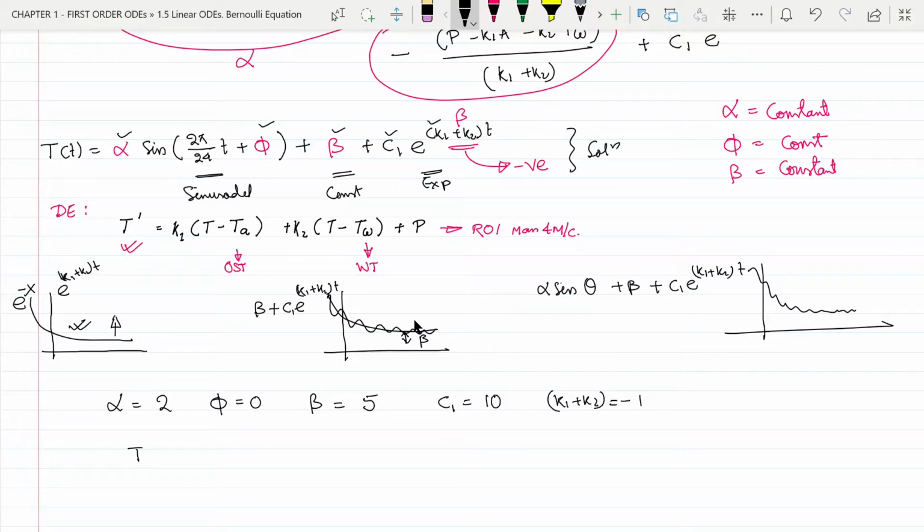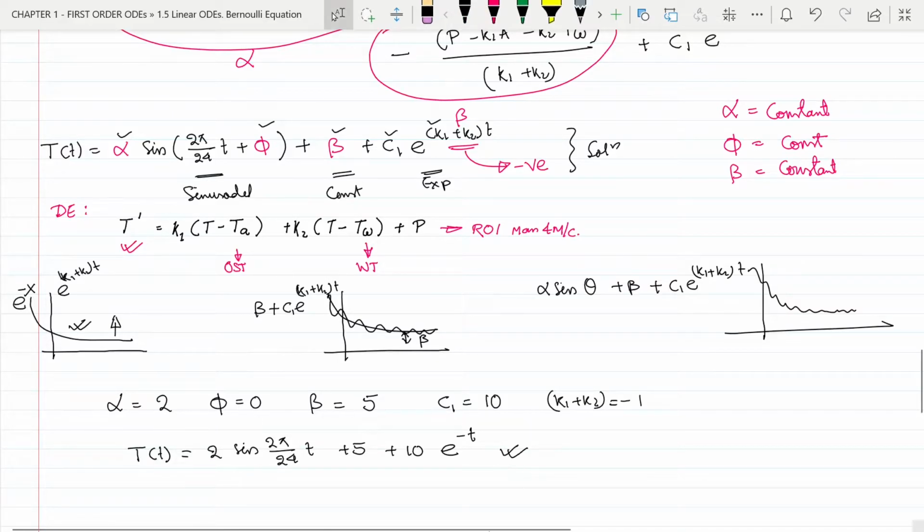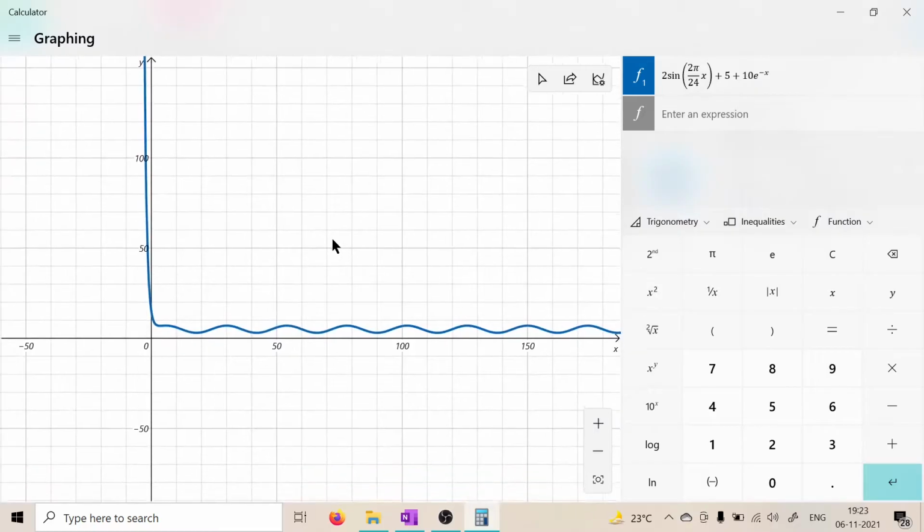So the equation of the solution would then be T of t equal to 2 sine 2 pi by 24 t plus 5 plus 10 e to the power minus t. Let us go to the graphing calculator of Windows to draw this graph to see whether this looks like this or not. So the graph looks like this.